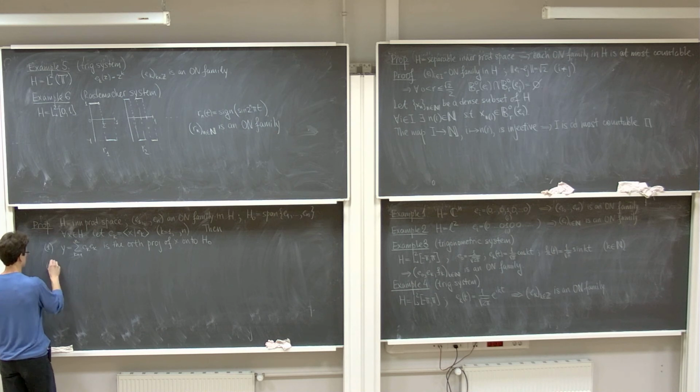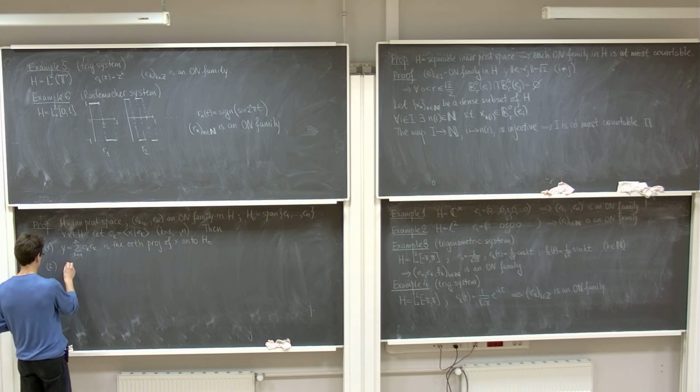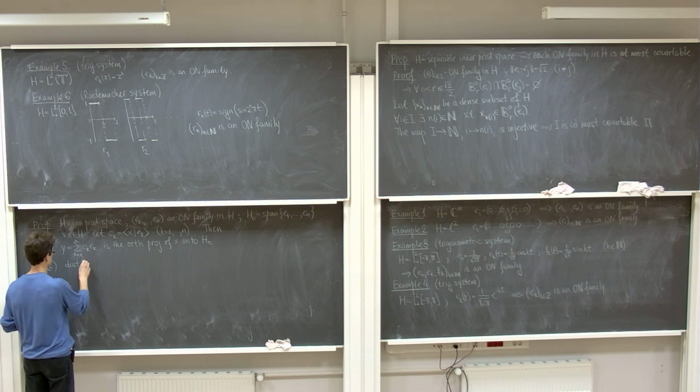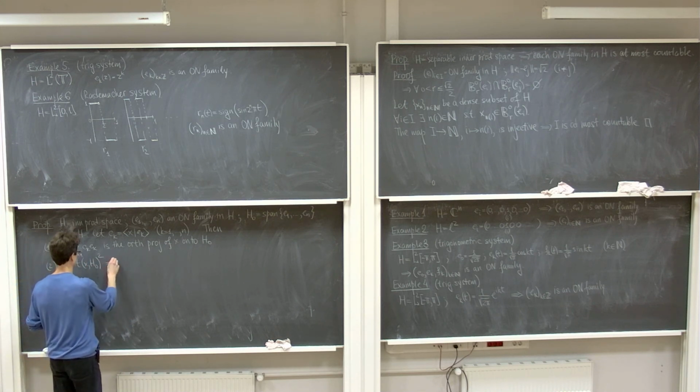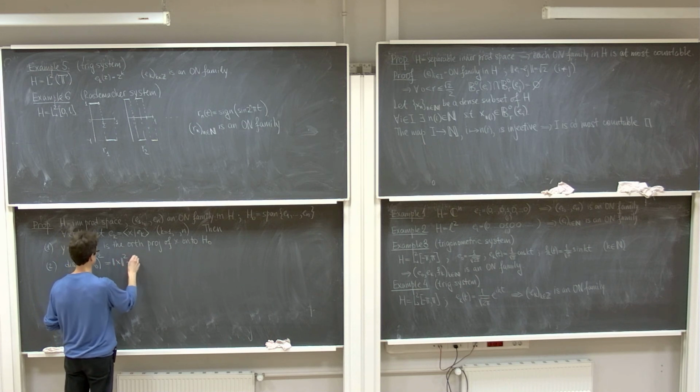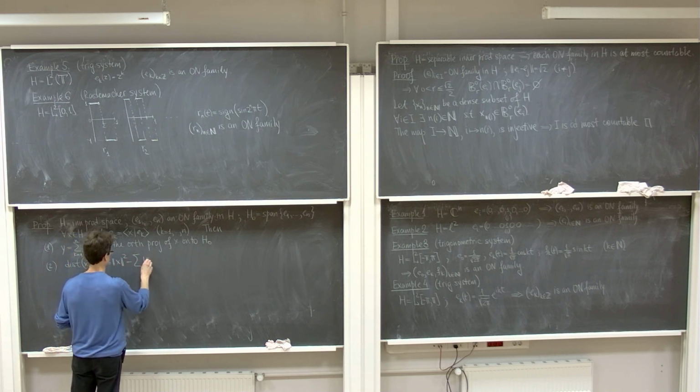And second, we have the following formula. The distance between x and H0 squared is given by the following formula. This is the norm of x squared minus the following sum.